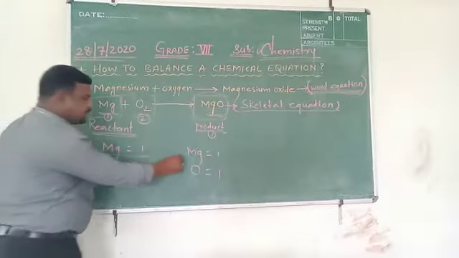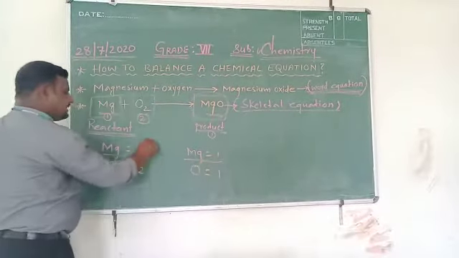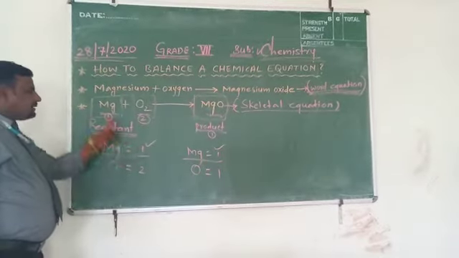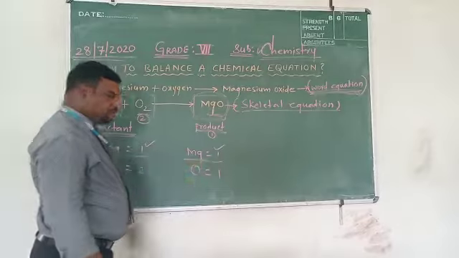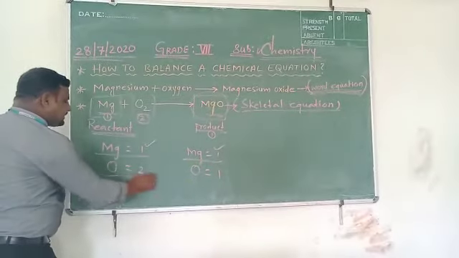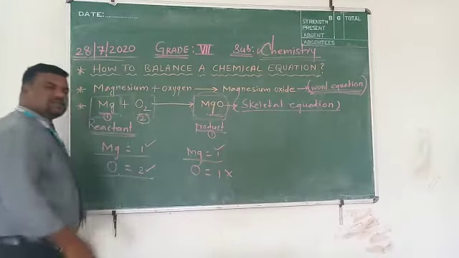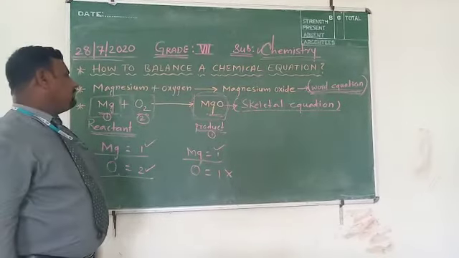Are they matching? See here. Magnesium is matching. Reactant side magnesium atom is 1, product side also magnesium atom is 1. Reactant side oxygen atoms are 2, but on the product side oxygen atoms are not matching. It's 1. So it needs to be balanced.